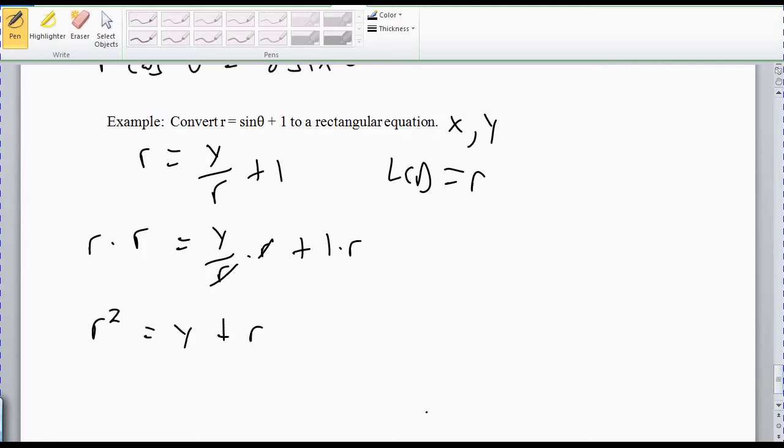And what do we know about r squared? Well, it's the same thing as x squared plus y squared. We want to keep y as y because we're trying to keep it all in x's and y's. And the r is the same as the square root of x squared plus y squared. And since we have it all in terms of x's and y's, we're done.